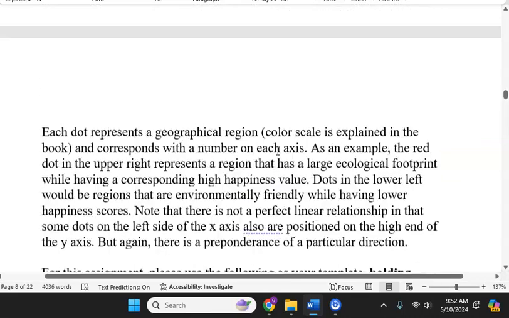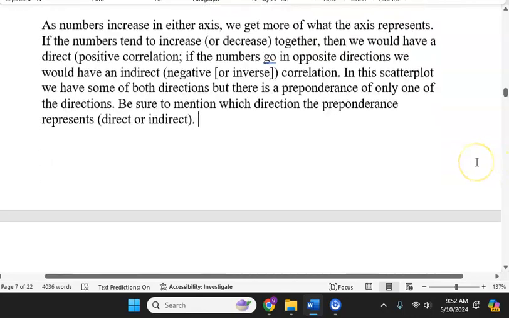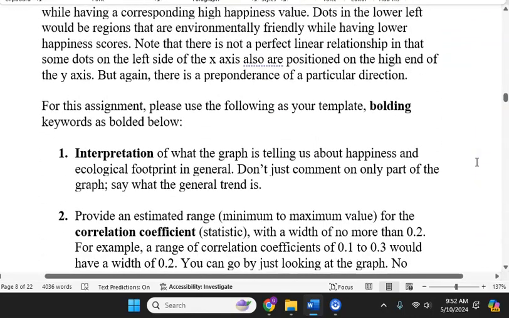Even if it goes against our expectation of what we think should be happening as far as happiness and using the planet's resources, the assignment is asking you what the data is saying, not what we want it to say. And that's an important lesson in research. What's the research saying?